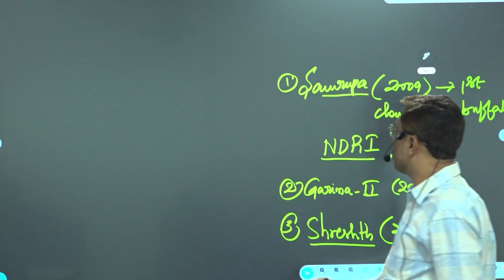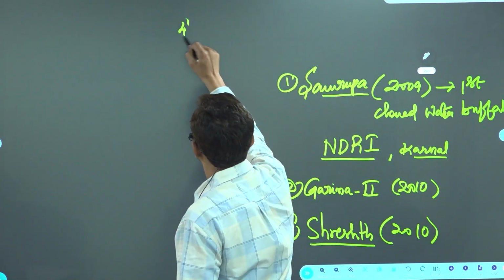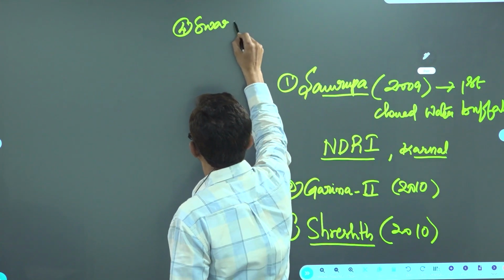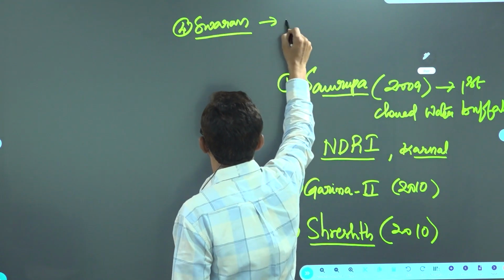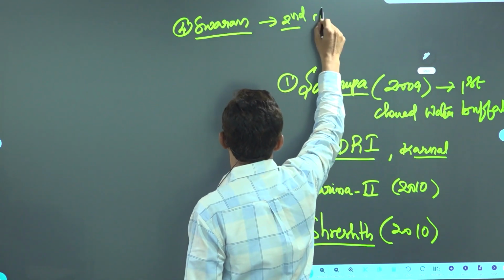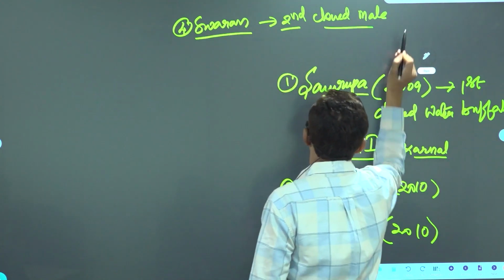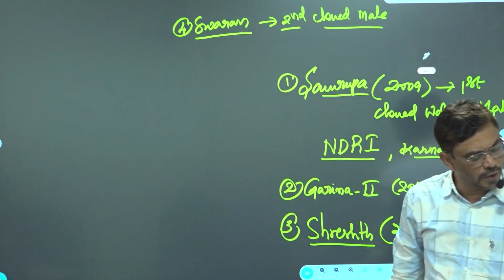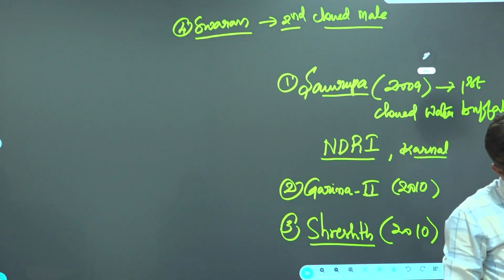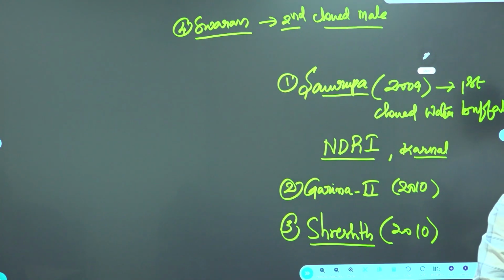Next, Swaran, the second cloned male buffalo, cloned at NDRI, Karnal, 2013.